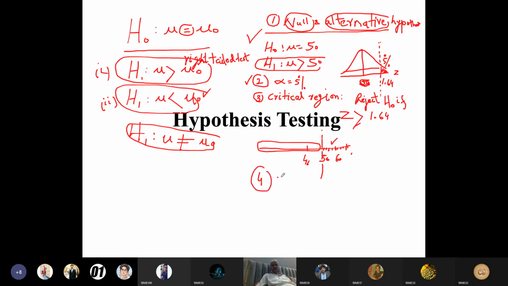For the test, you need a formula. Z equals x bar minus mu over sigma over under root n. All these values are given to you. You will be picking the data from the question. And within the fifth step, you carry the decision.